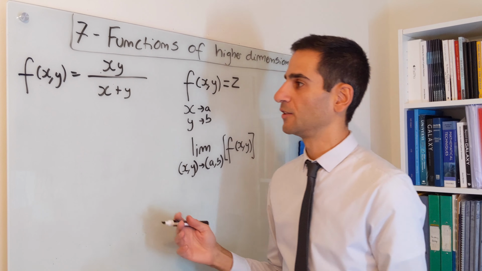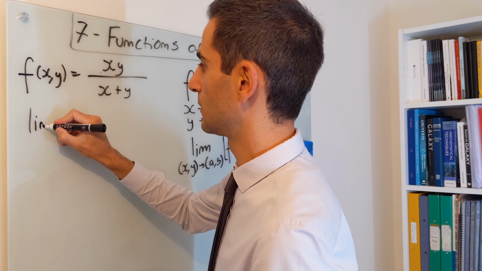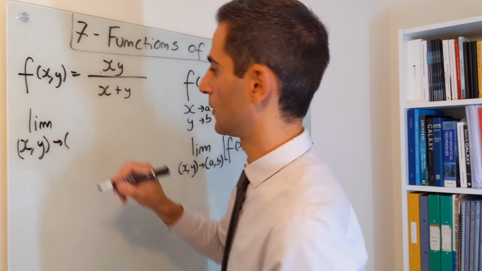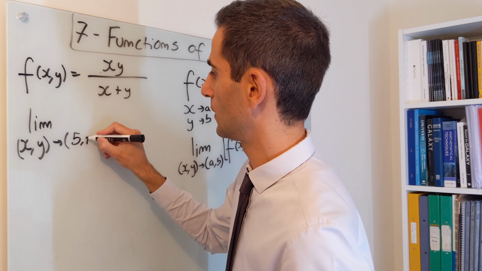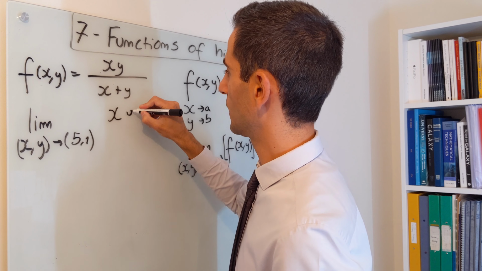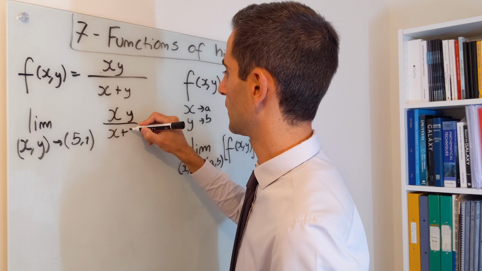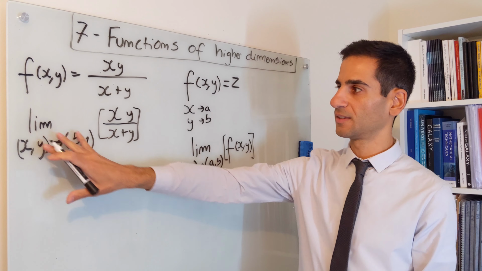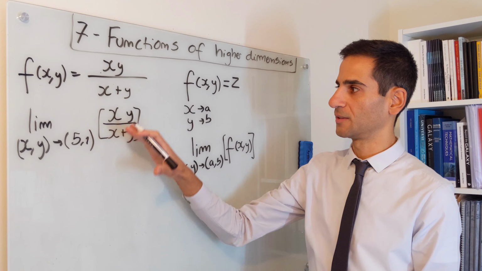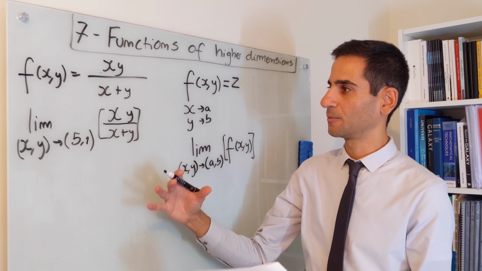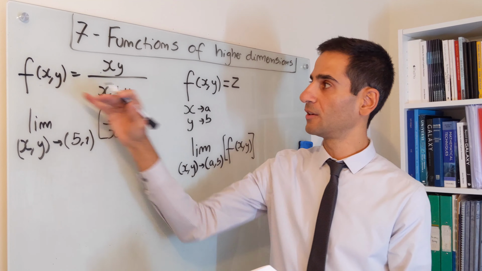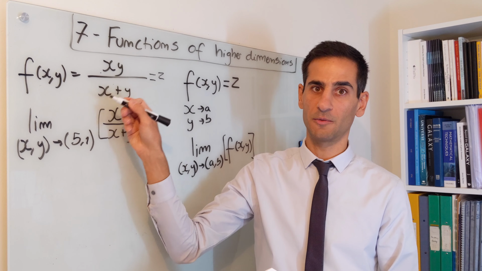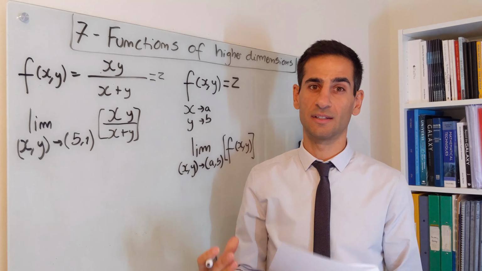What we're going to try to do is calculate the limit when x, y go to 5, 1 of xy over x plus y. Again, this is about taking the limit. This is the limit operator, which is being applied on the entire expression. And remember, here we could also write this as z. z is a function of x and y. y in this case is now a variable.